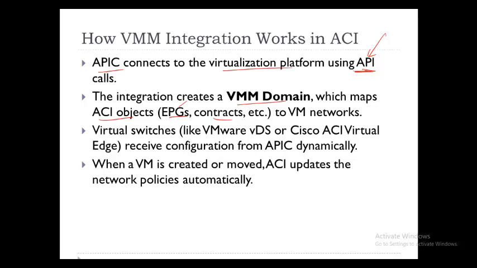It's connected through a bare metal server to the physical port of the leaf, and the leaf is a part of the VMM domain. As I told you, that virtual switch becomes like a FEX for the leaf.